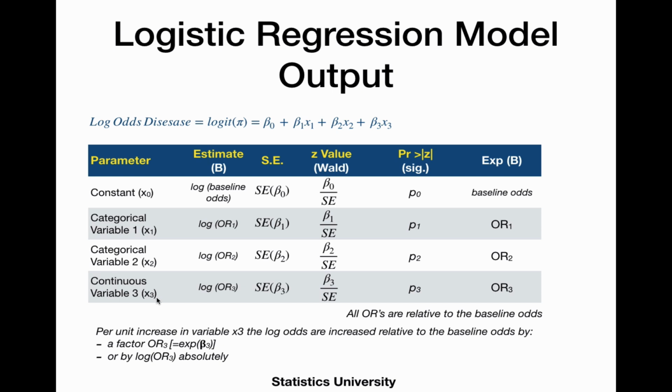Or in other words, continuous variable 3 increases the odds of the disease with a factor odds ratio 3 relative to the baseline odds per unit of increase in x3.